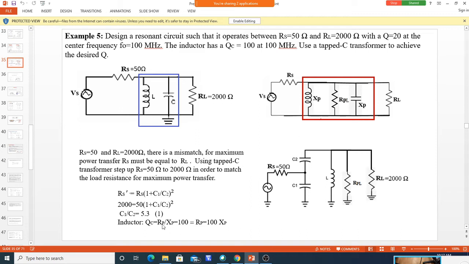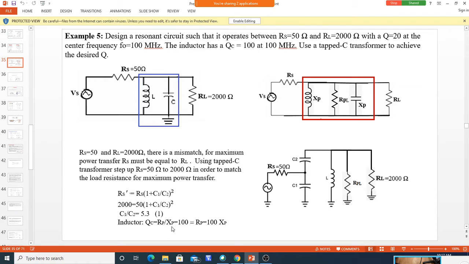To get those, we should go through the equations similar to the previous resonator design. The inductor is given: quality factor 100 at 100 megahertz. So the quality factor of the inductor equals RP divided by XP. This equation you already have.